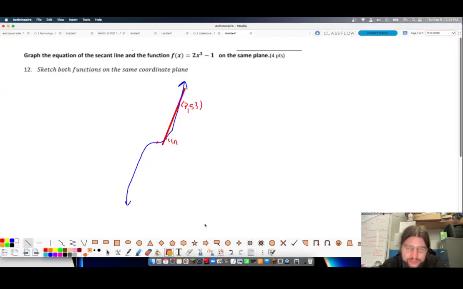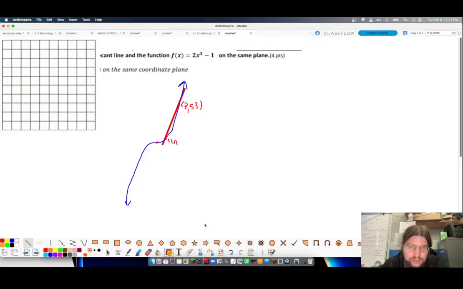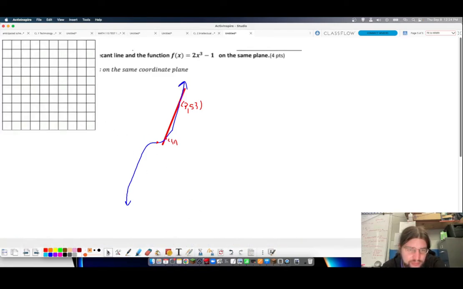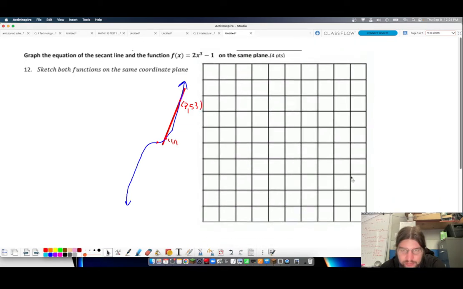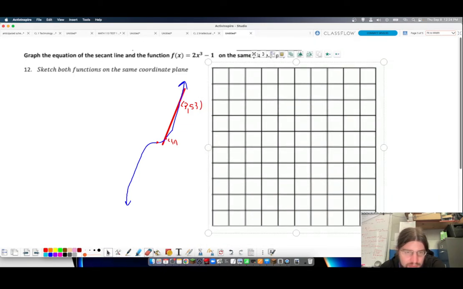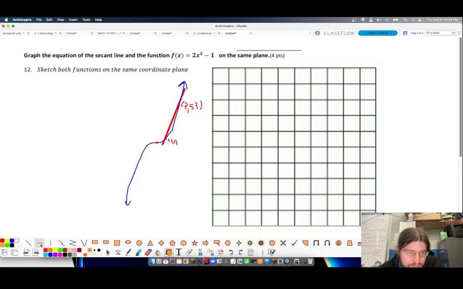Let's try this. So let's just say we have a blank grid. We're going positives.